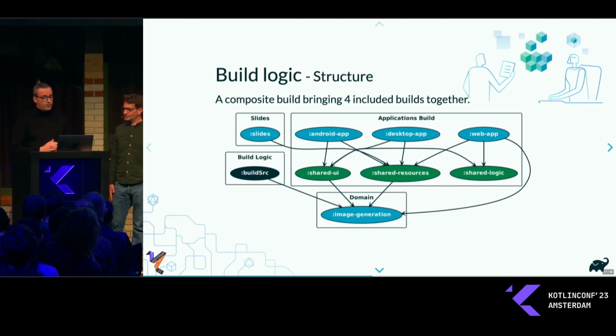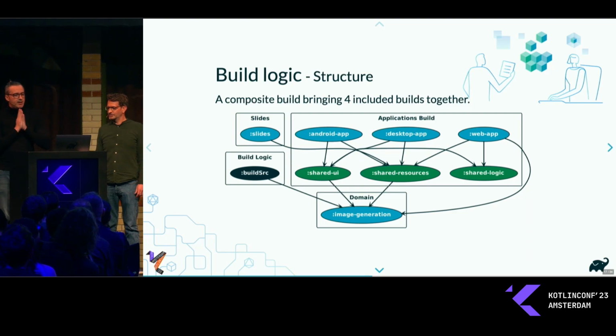And yeah, the way we structure this application is by using a Gradle feature called composite builds. So basically, we have 4 builds in the application. You can think of them as independent or semi-independent builds in some cases.